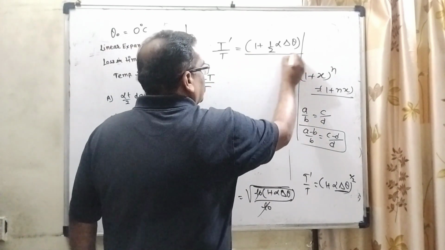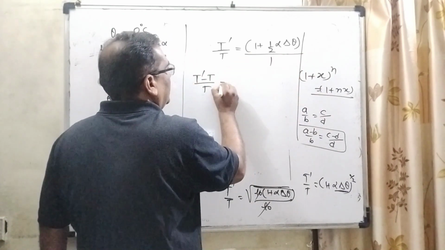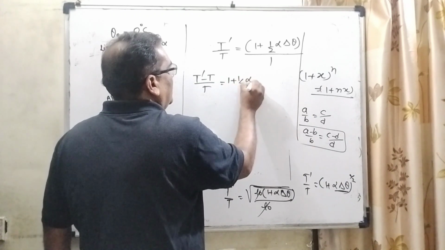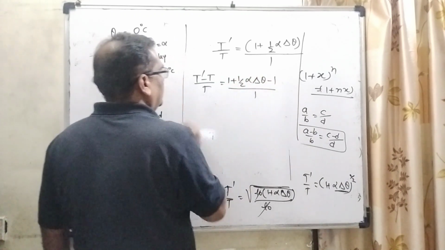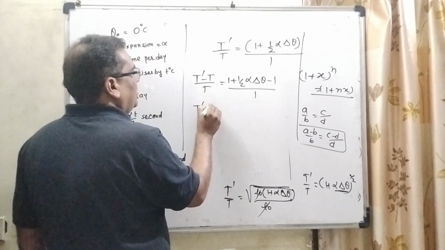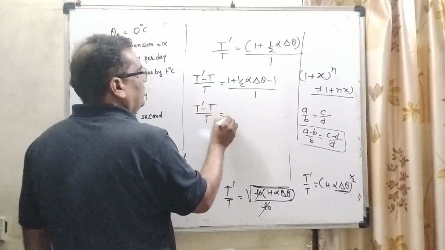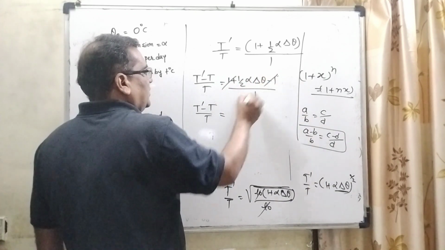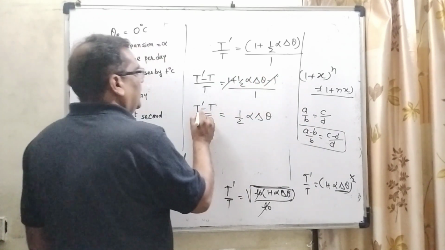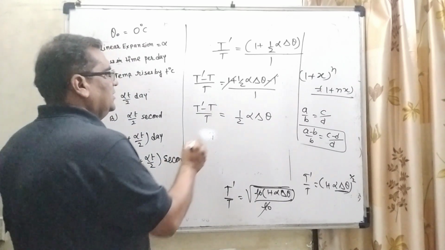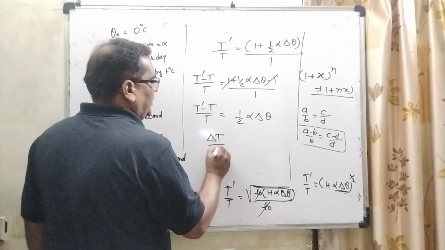Let us suppose the denominator is 1, then (1 plus 1 by 2 alpha delta theta minus 1) upon 1. So (T dash minus T) upon T is equal to 1 minus 1 cancels out, 1 by 2 alpha delta theta. Here T dash minus T means delta T upon T.